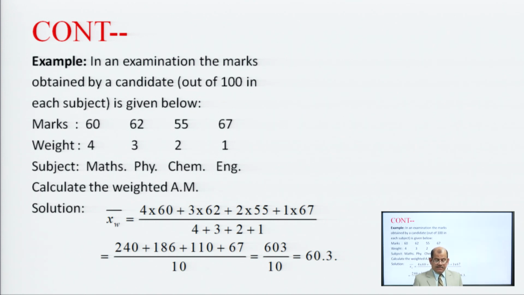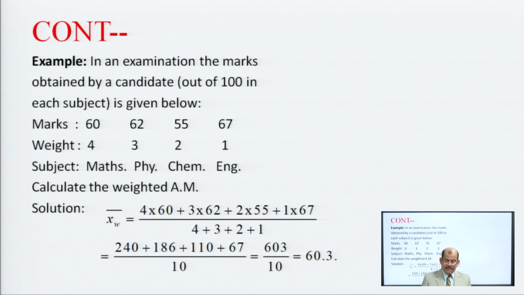Solution: x̄w is equal to 4 into 60, where 4 is the weight and 60 is the marks, plus 3 into 62, plus 2 into 55, plus 1 into 67, divided by the sum of weights, that means 4 plus 3 plus 2 plus 1.